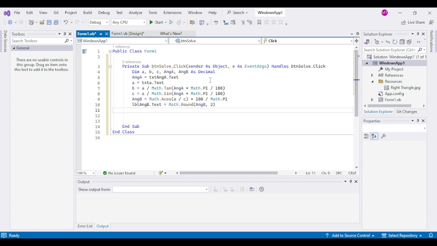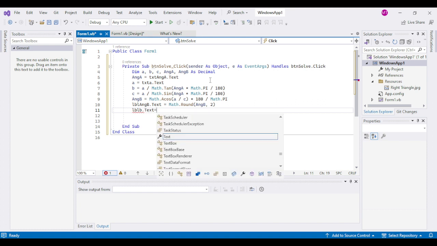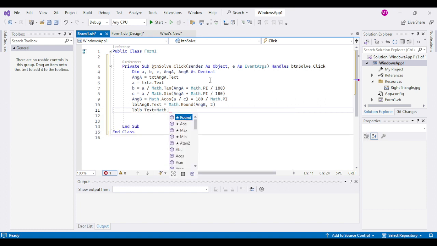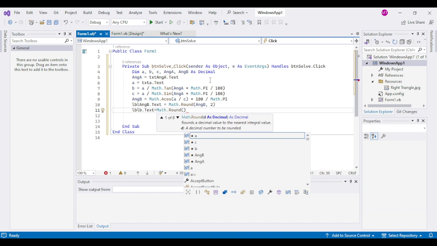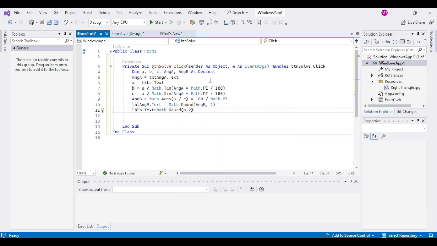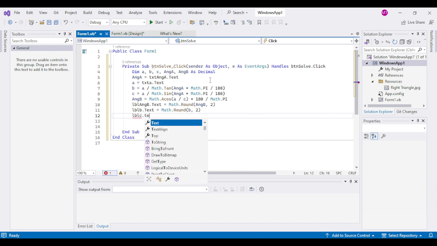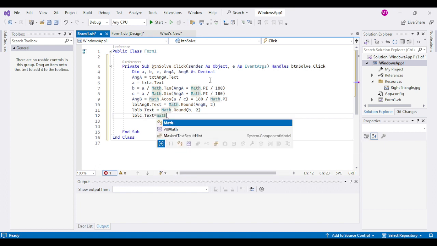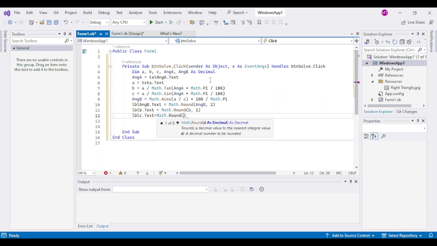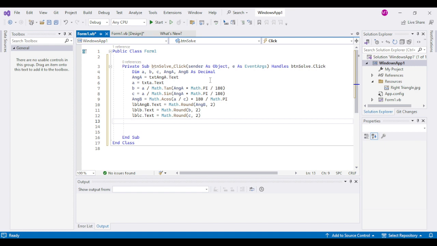Then we have lblB dot text is equal to Math.Round again. We round off our answers to 2 decimal places. This is B, then 2. Then last, lblC dot text is equal to Math.Round, open parenthesis, we have C, comma 2. Okay, so our code is done.